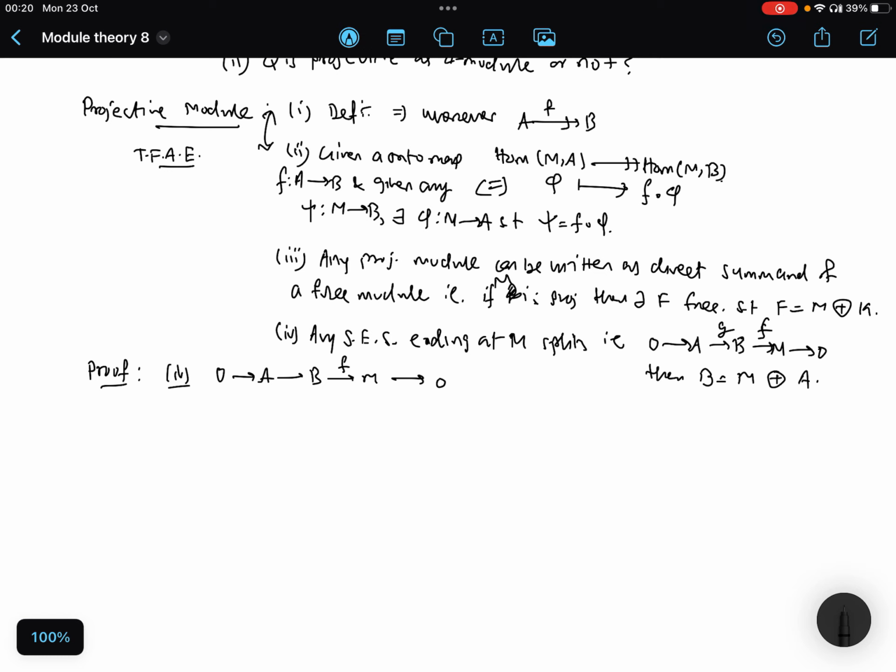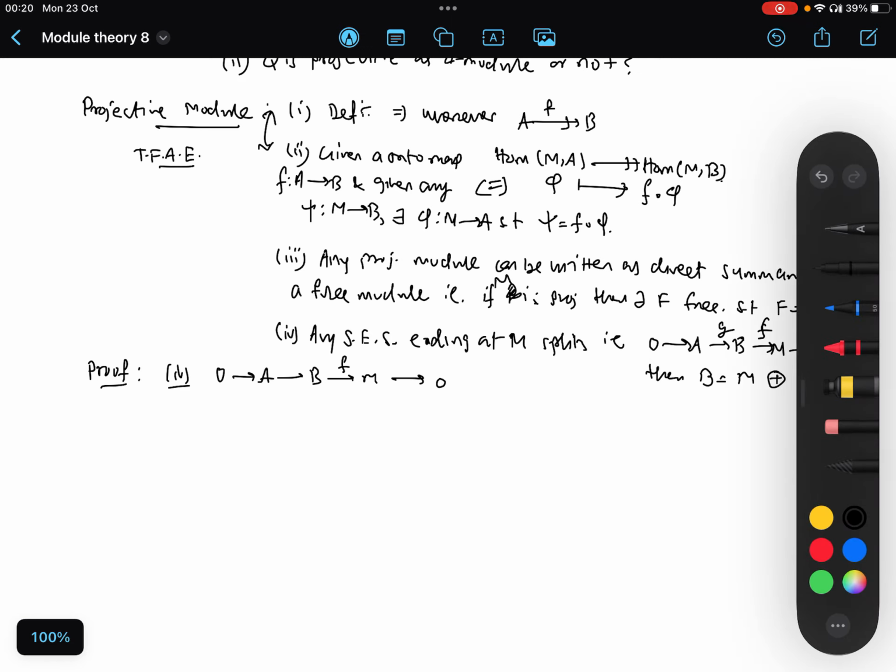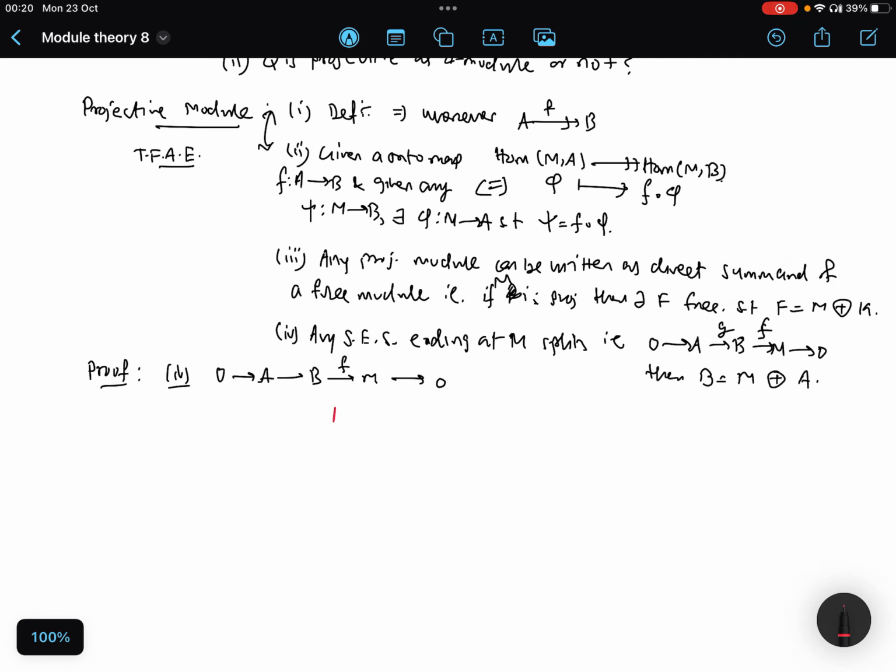If M is projective, then for this onto map, let me change the color, you already have this map from M to M, that is the identity map, right? So by the definition of projective, you get some map from M to B, let's call it F bar, such that this diagram commutes.